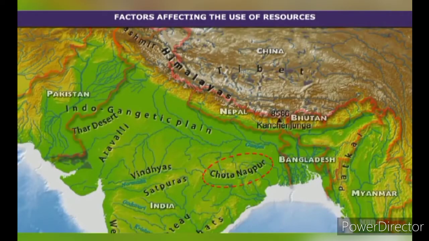Factors affecting the use of resources. Adequate deposits. Resources can be exploited commercially only if adequate deposits occur at a place. For example, iron ore deposits in Chota Nagpur area can be exploited on commercial lines because adequate deposits and other required materials are found in that area.